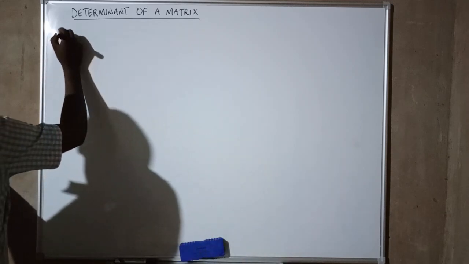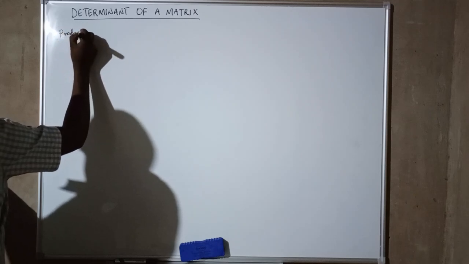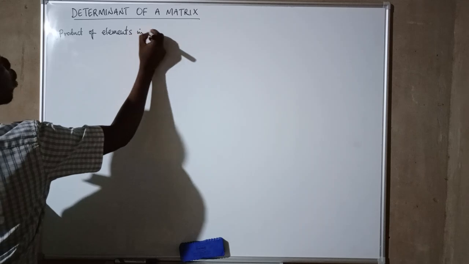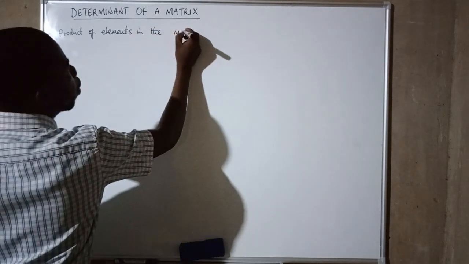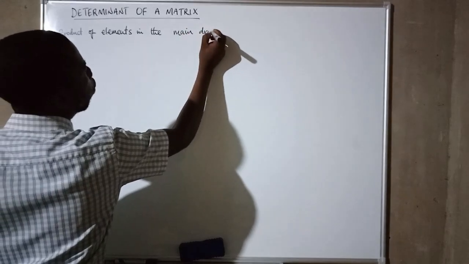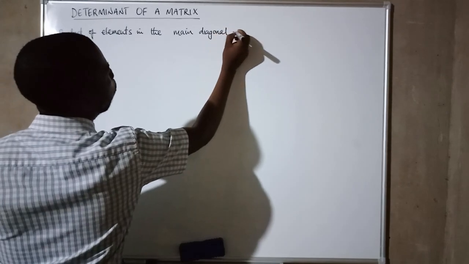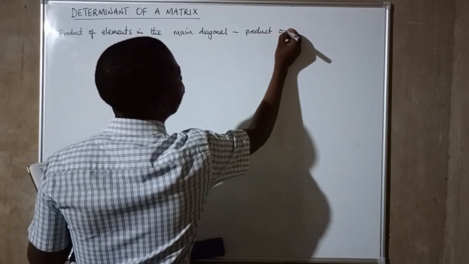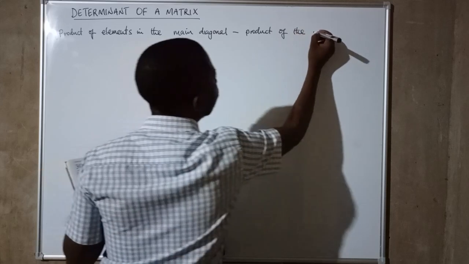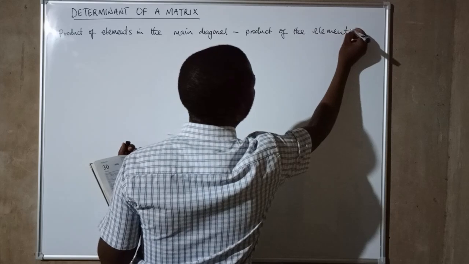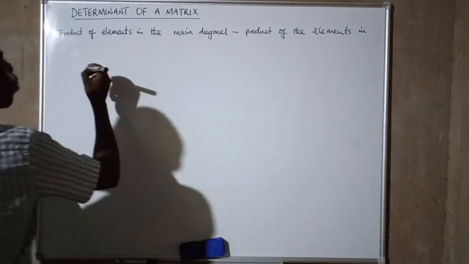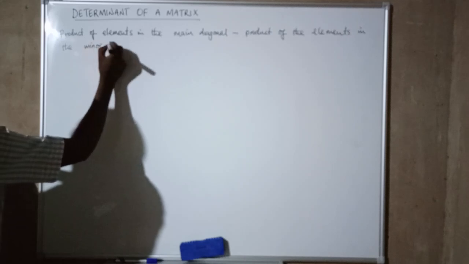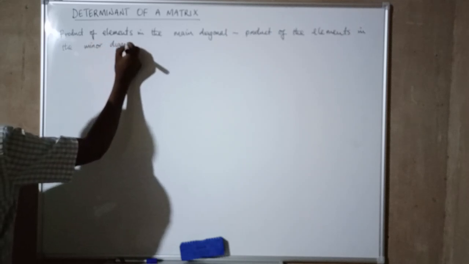It's just a product of elements in the main diagonal minus product of the elements in the minor diagonal.